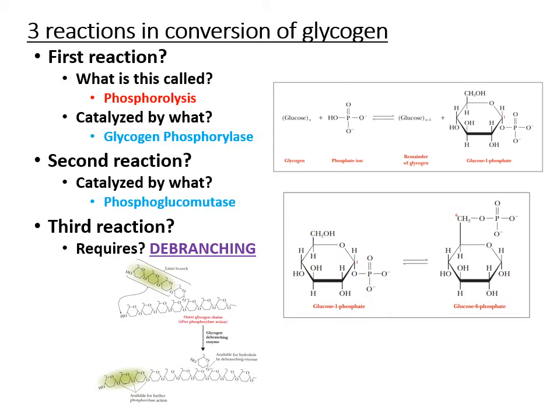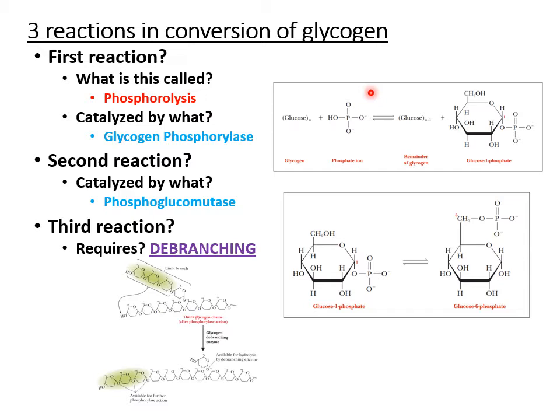Now, when we talk about the metabolism of glycogen, or the conversion of glycogen, there are three reactions that I want you to be aware of. The first one is demonstrated in this figure. A glucose residue is broken off from the glycogen, and it reacts with a phosphate ion.